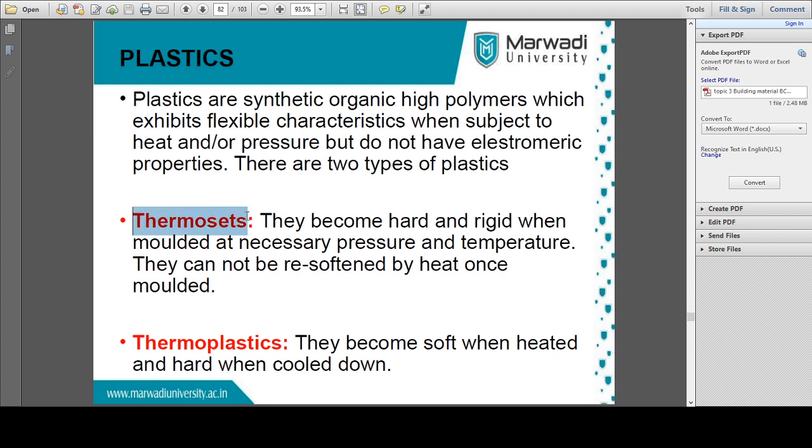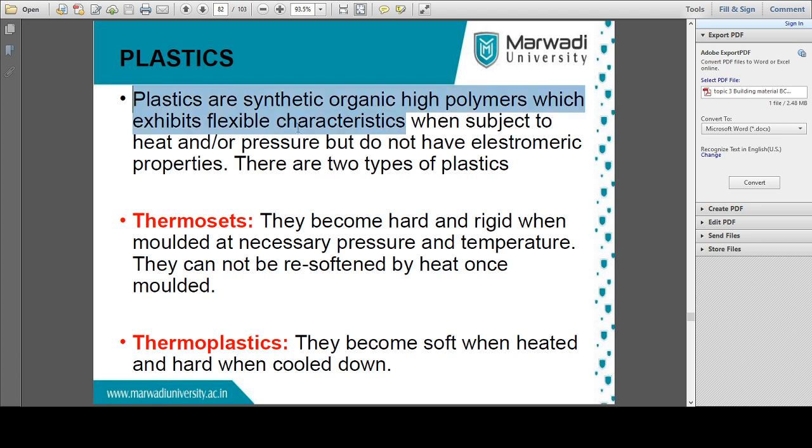You have already learned this in your 12th science also. Thermoset is hard and rigid when molded at the necessary pressure and temperature. It cannot be re-softened, meaning it cannot be reused if we heat it. While there are certain plastics which can be reused by softening them with heat, and those plastics are known as thermoplastic, right? So these are the plastics which we can sometimes reuse also.